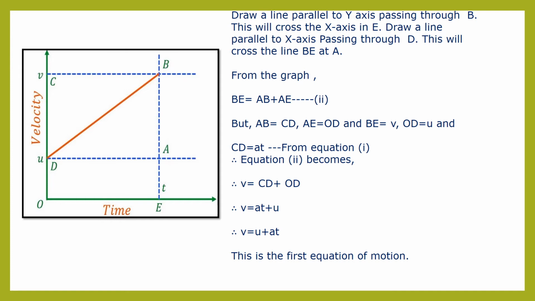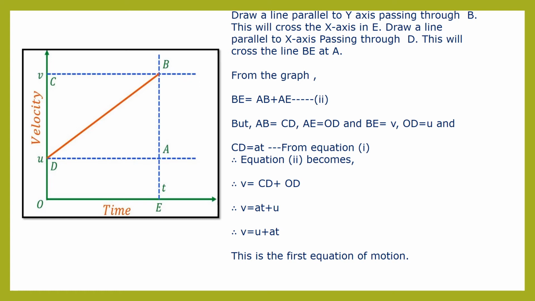CD is equal to at, from equation number 1. So equation 2 becomes v is equal to CD plus OD, instead of AB we write CD, and instead of AE we write OD.